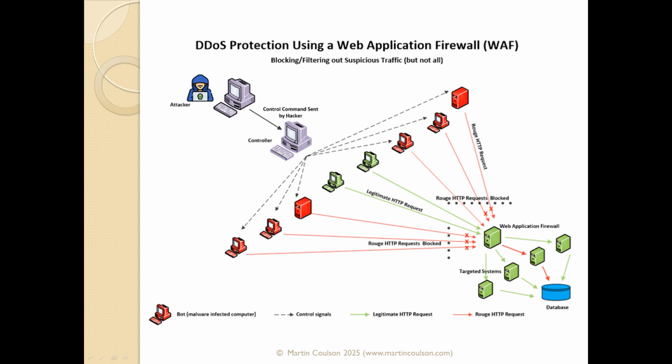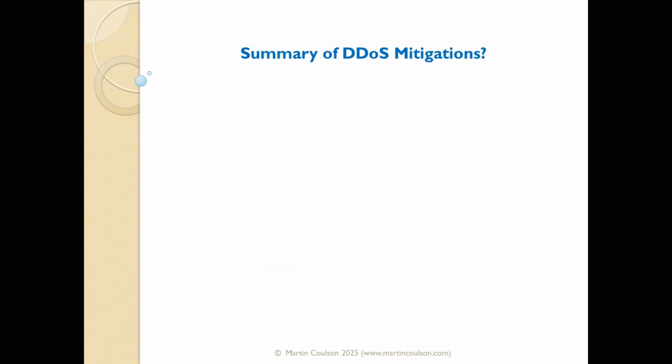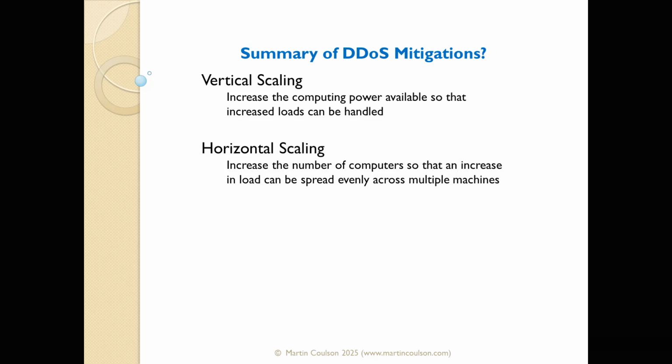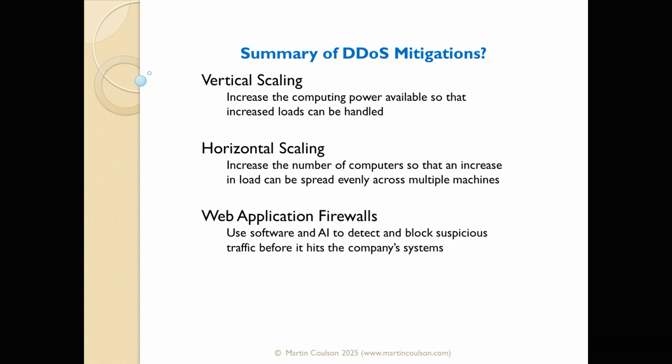Let's now have a short recap on how a DDoS attack can be mitigated. Vertical scaling. Increase the computing power available, so that increased loads can be handled. Horizontal scaling. Increase the number of computers, so that an increase in load can be spread evenly across multiple machines. Web application firewalls.